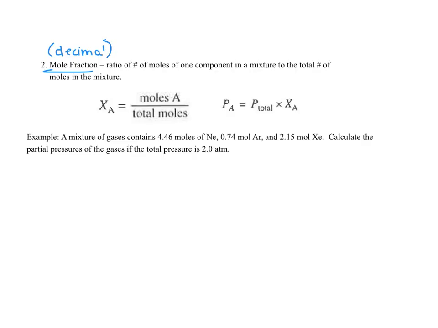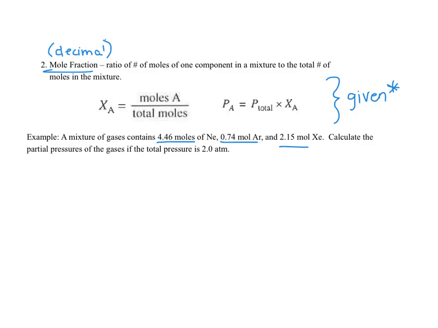So we've got these 2 equations here. These 2 equations are given to you on your reference sheet, so you don't need to memorize them, but you need to know what they represent. You need to know what to do with them. So when we're dealing with mixtures, let's look at this example. A mixture of gases contains 4.46 moles of neon, 0.74 moles of argon, and 2.15 moles of xenon.